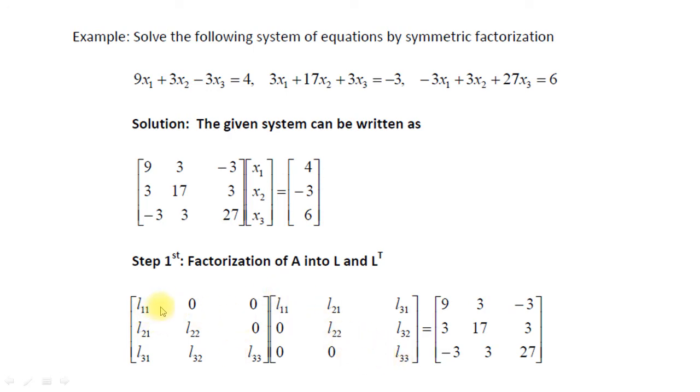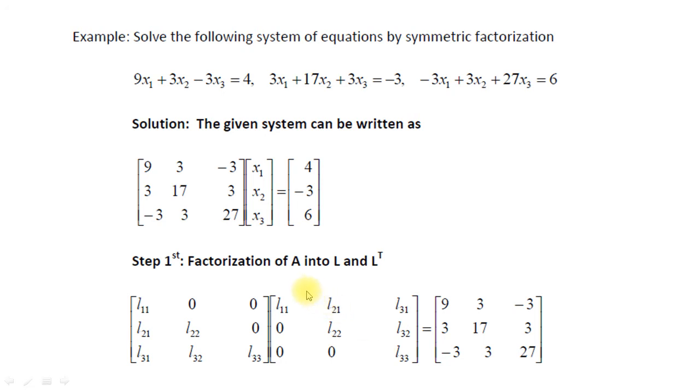Like you see over here, L11, L22 and L33, and the diagonal entries of the upper triangular matrix are also L11, L22 and L33. But in the Doolittle method, we obtain in the diagonal of the lower triangular matrix 1, 1, 1, and in the upper triangular matrix at the diagonal we obtain the unknowns.